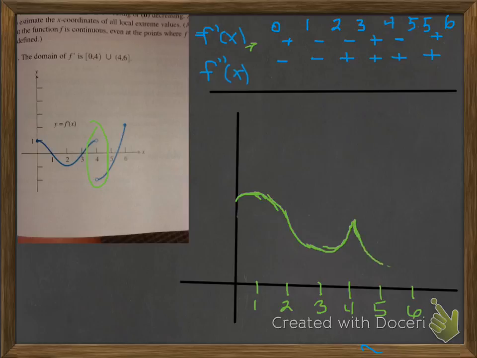I can stay concave up, but now with a negative slope. And then I'm going to turn and swing back up again, positive at 5.5. So what I drew here was a cusp where it's not differentiable, but we can make it continuous.